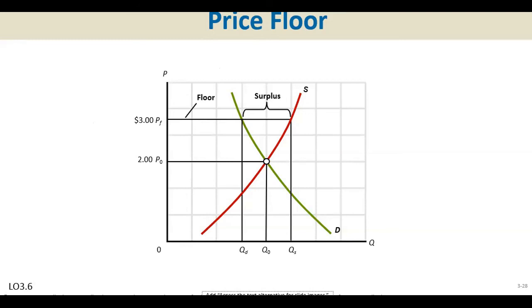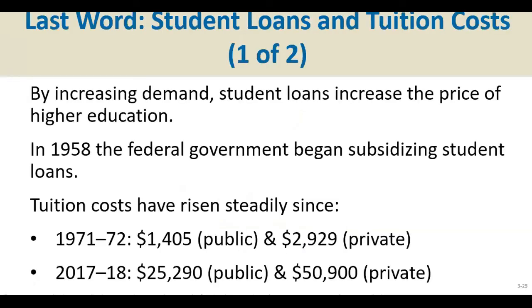So now we shift to the last topic of the chapter that gives you a good example of the jump we see in college tuition, right? The college cost, the tuition cost today.